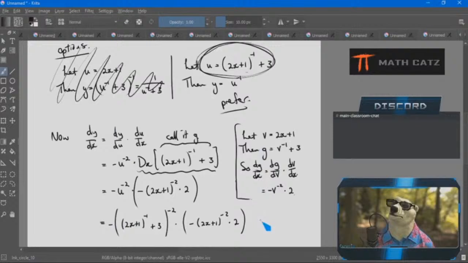If I try and do a chain rule inside a chain rule all in one go, I can get mixed up very easily. So I understand what I have to do next. I go and do it on the side. When I figure out that answer at the bottom here, I put it back in. And now I'm back in the original chain rule. And then I just replace the u.